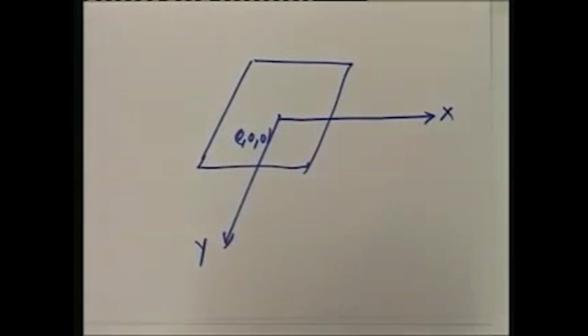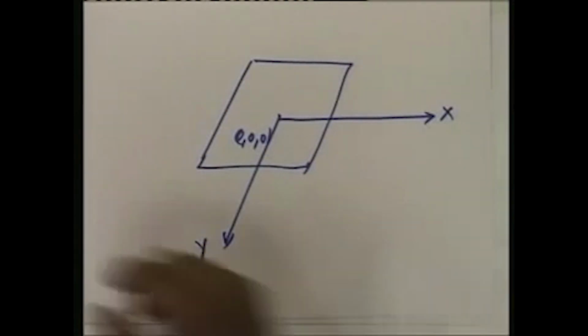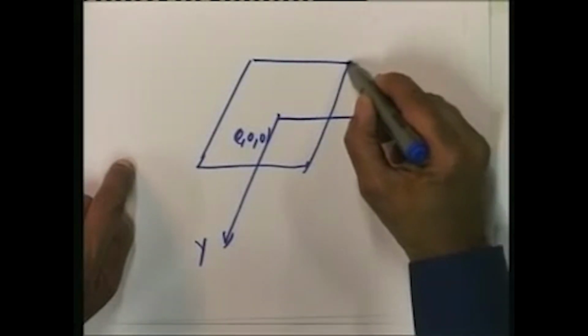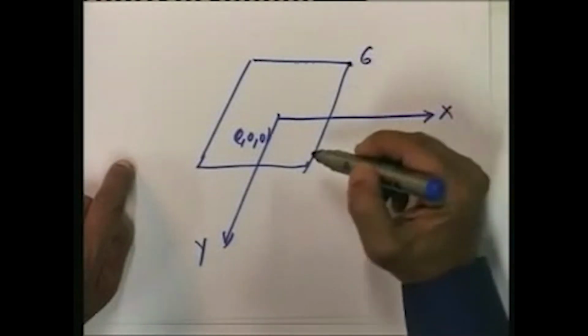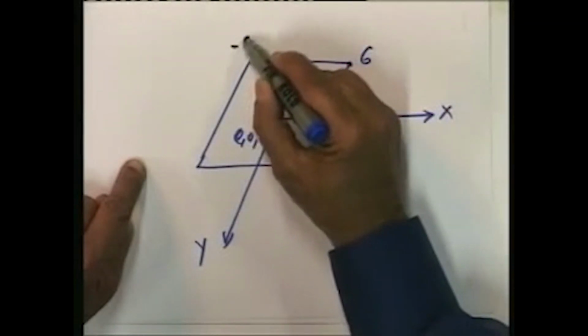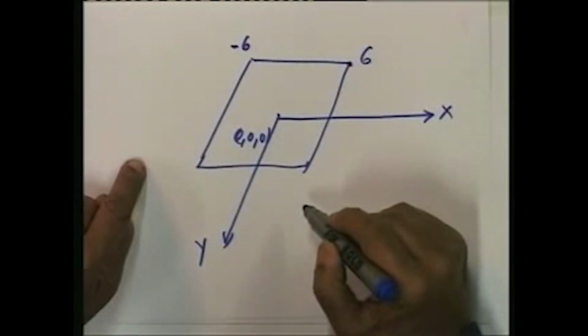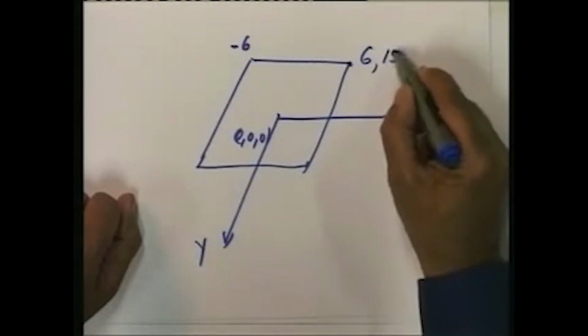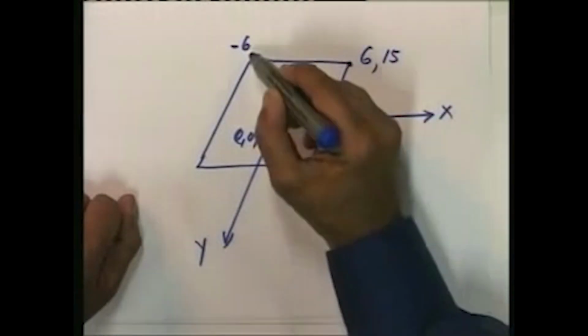Now, the next line is the corners of this rectangle have coordinates, let us take, plus or minus 6 m. That means this point has 6 meters, this point has minus 6 meters. The y coordinate is 15 here as well.